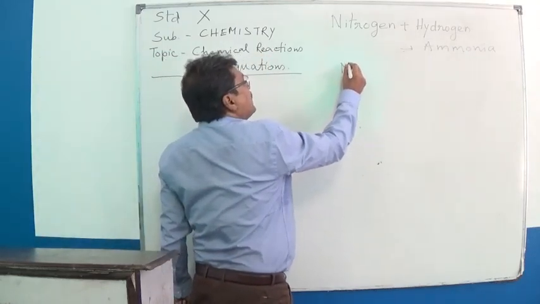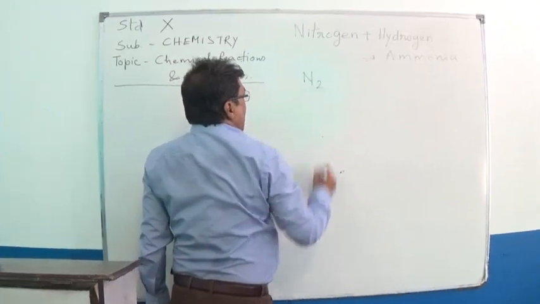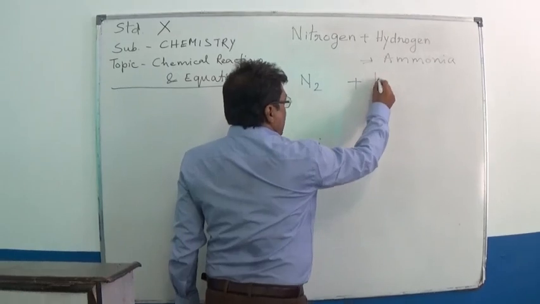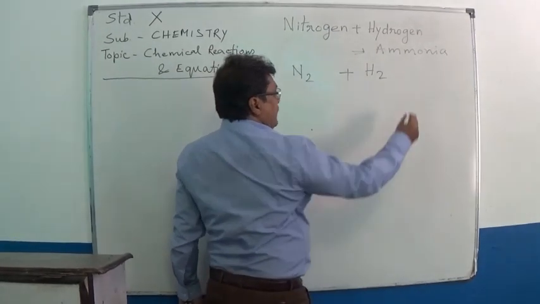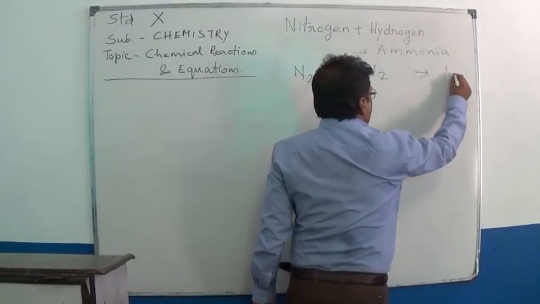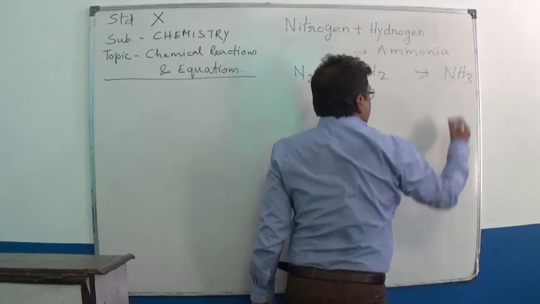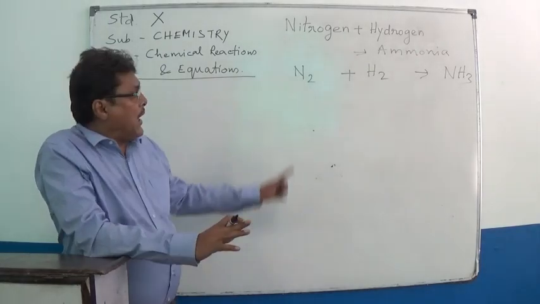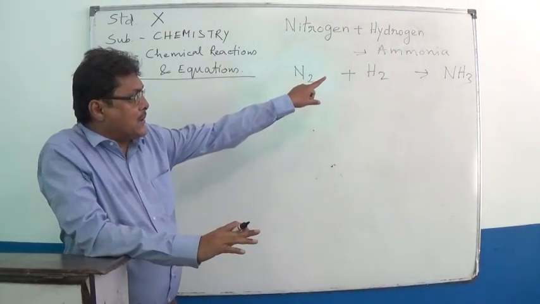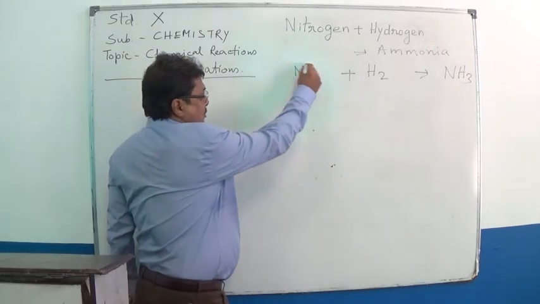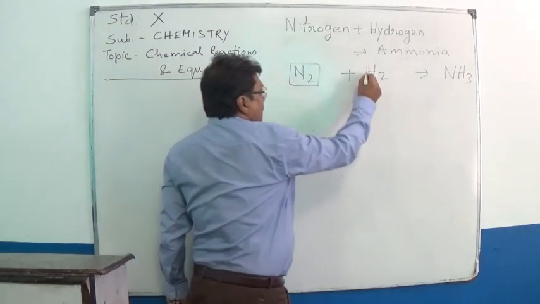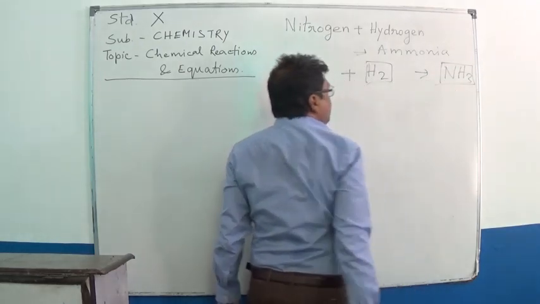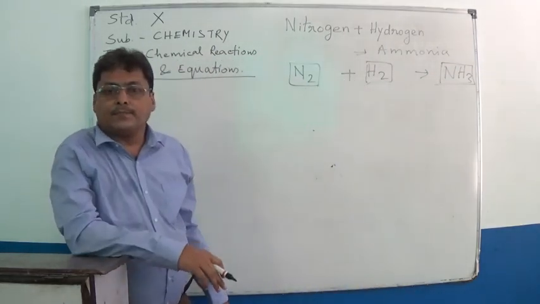Let's write nitrogen, hydrogen produces NH3. Now what happens? Before balancing, we must box the reactants and the products. Right?